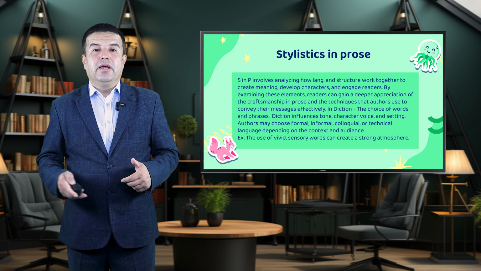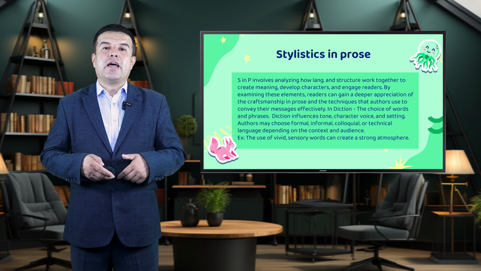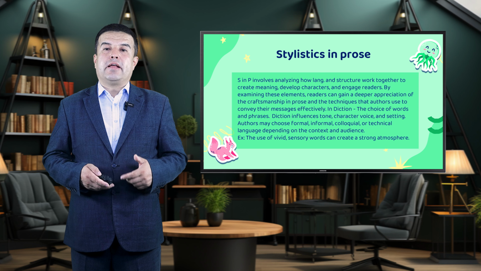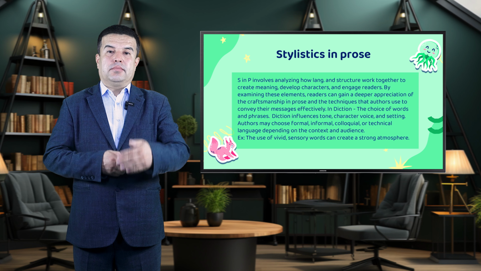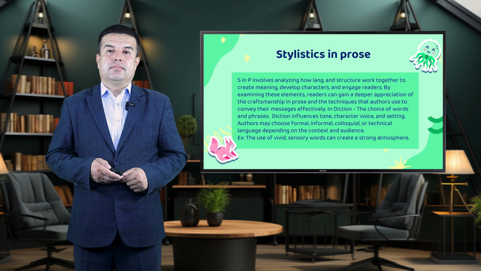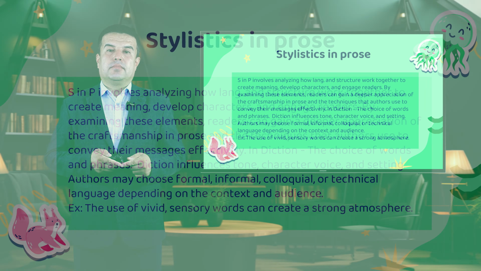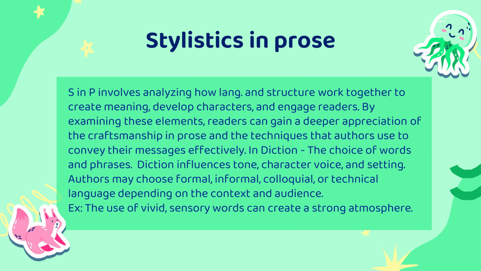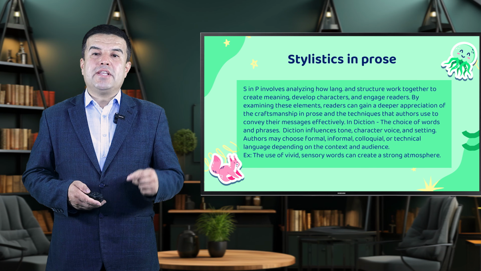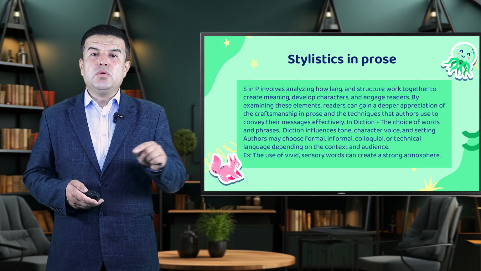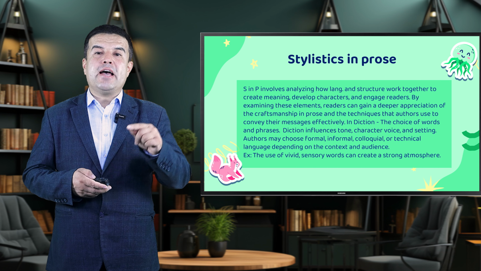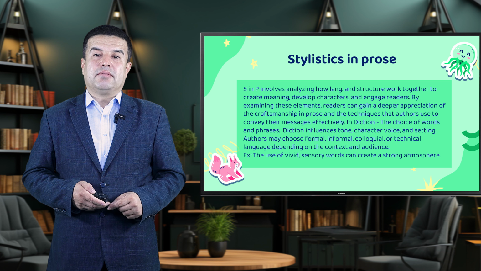Stylistics in prose. This section involves analyzing how language and structure work together to create meaning, develop characters, and engage readers. By examining these elements, readers can gain a deeper appreciation of the craftsmanship in prose and techniques that authors use to convey their message effectively.